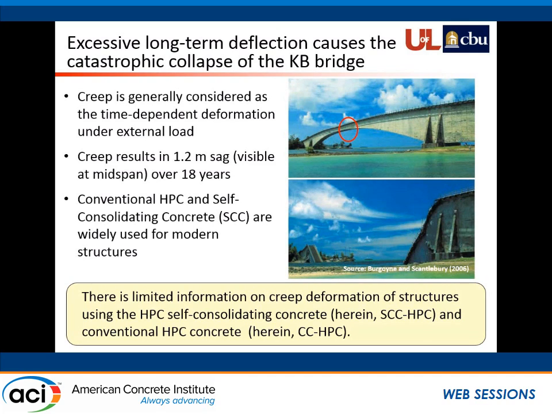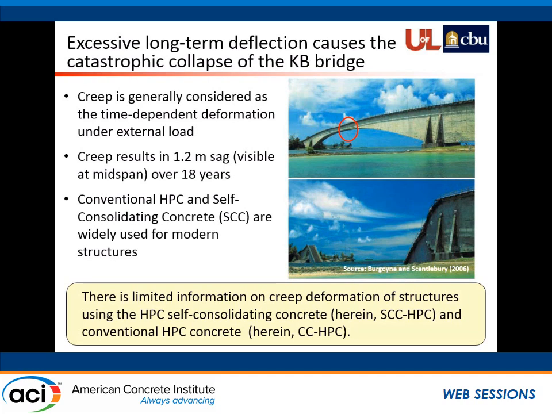So what I'm seeing now is that creep is something we consider a serviceability issue, predicting some prestress losses and long-term deflection, but it's not only serviceability now. It has an impact on structural integrity, such as failure. So we need a better prediction for creep.